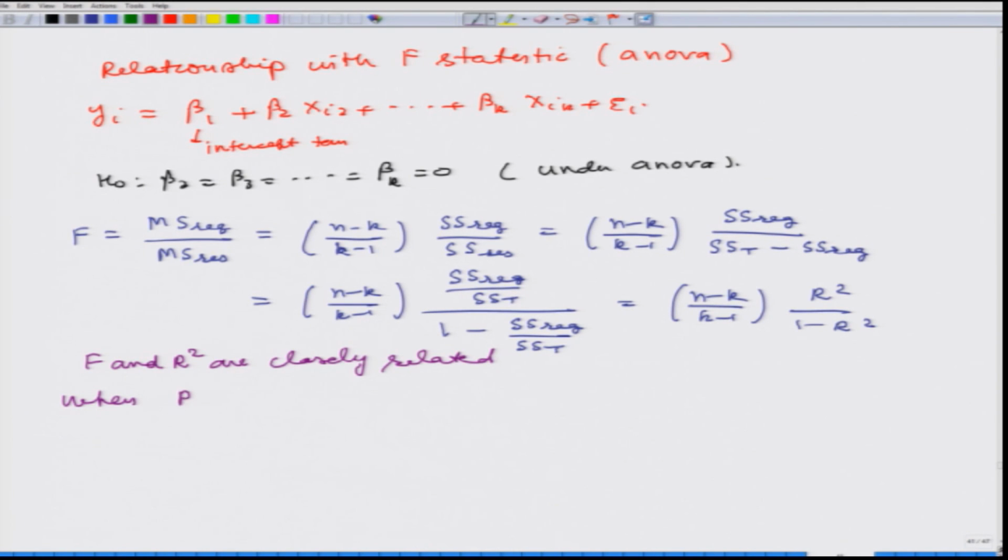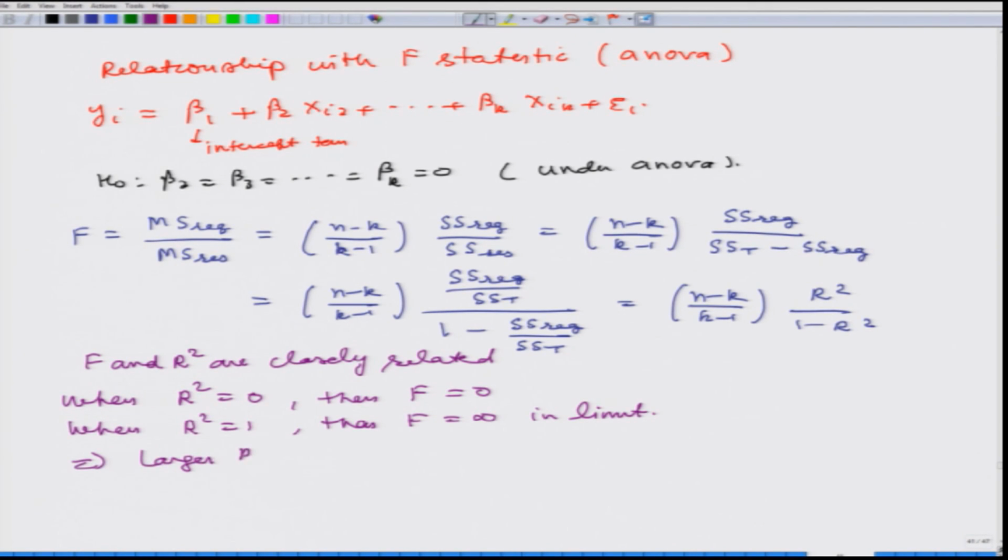Suppose R square is equal to 0, then in this case F also becomes 0, and when R square is equal to 1, then F becomes infinity in the limit. So this implies that the larger the value of R square, the greater the value of F. Now, what is the interpretation of this?